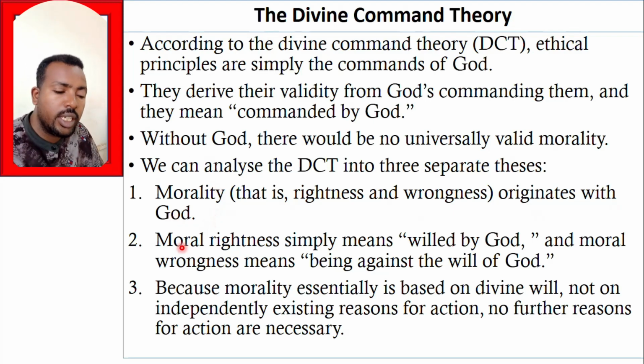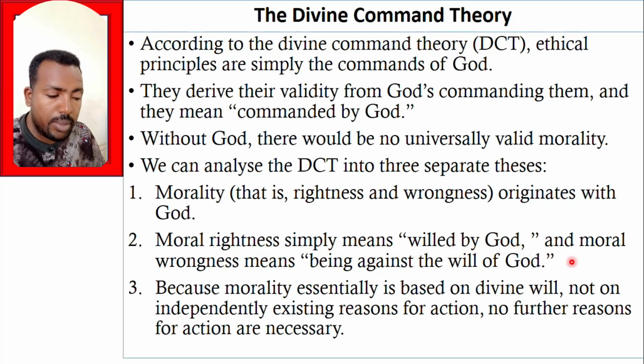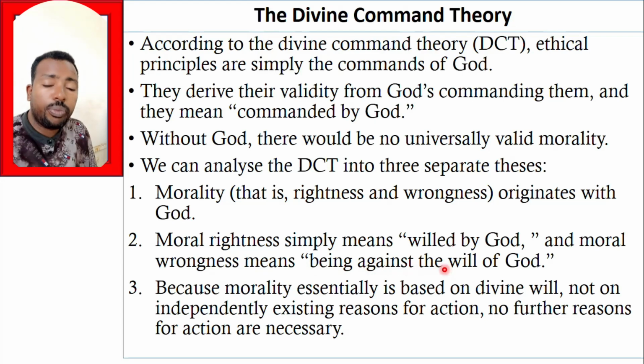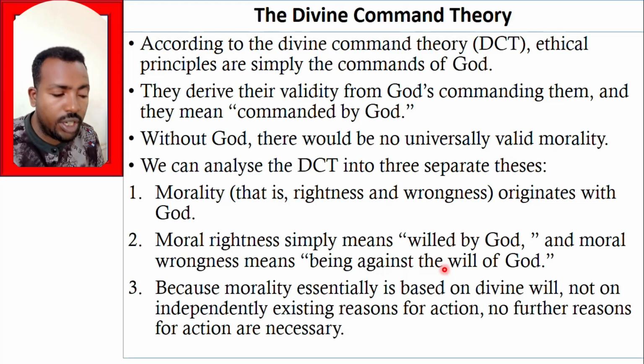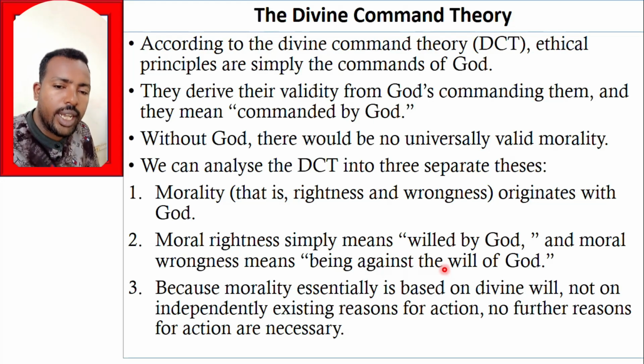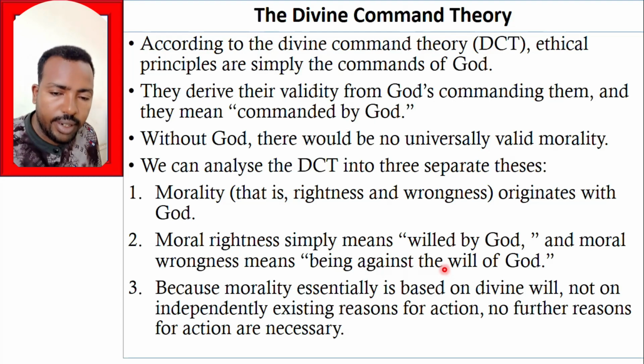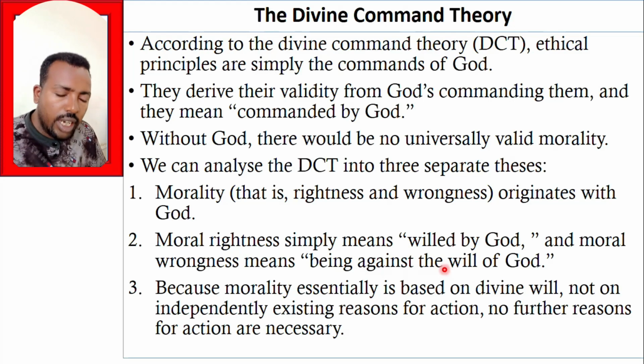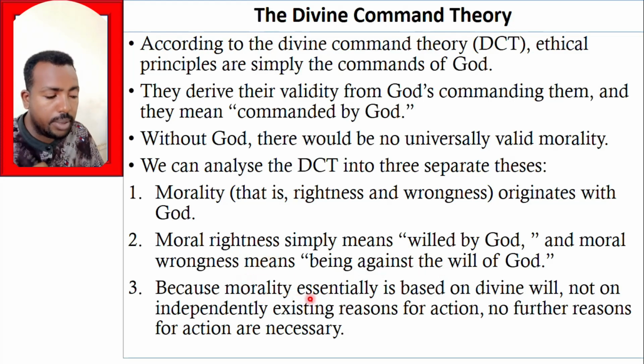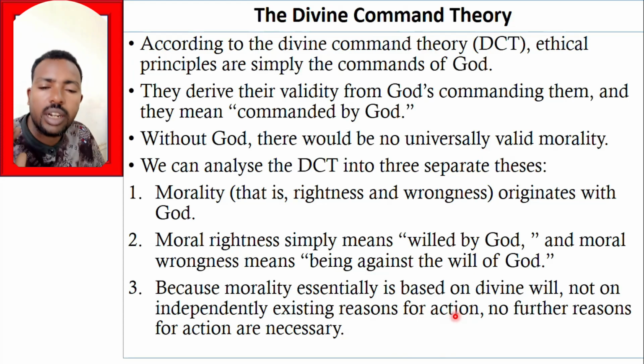The second argument is that moral rightness simply means willed by God, and moral wrongness means being against the will of God. So if morality originates from God, then a morally right action is the action which is willed by God, and a morally wrong action is the action which is against the will of God. The third argument is that because morality essentially is based on the divine will, not on independently existing reasons for action, human mind or human reason, no further reasons for actions are necessary.